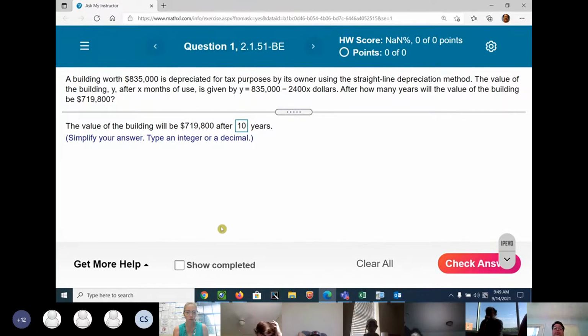After how many years will the value of the building be $719,800? So you're going to set that equal to Y, because that Y is the value.